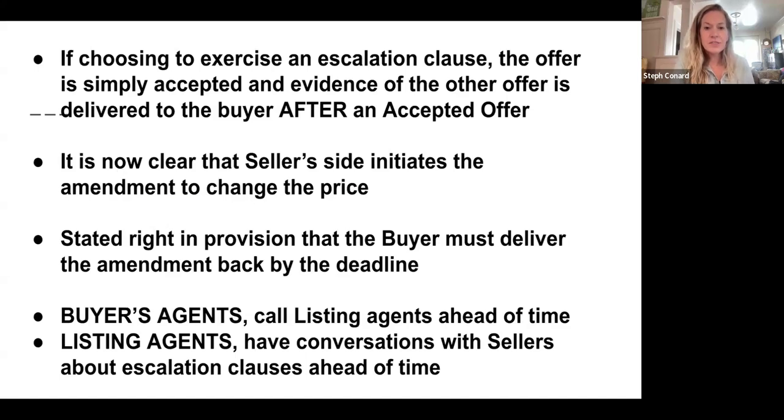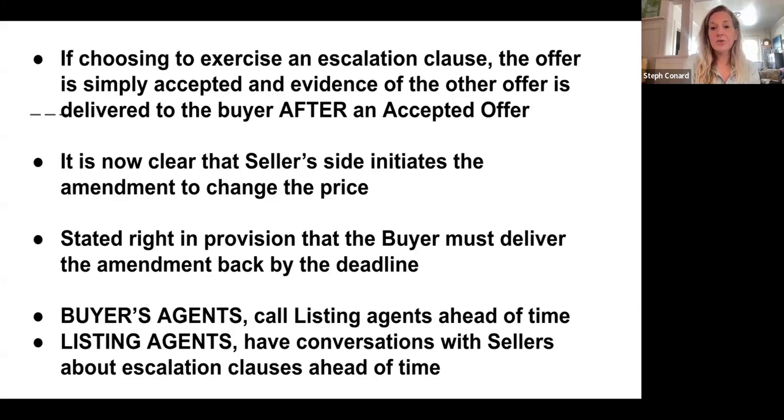So if choosing to exercise an escalation clause, the offer is simply accepted and evidence of the other offer is delivered to the buyer after an accepted offer. We get this question a lot, actually. If the purchase price does end up changing based off of an escalation clause, we often get the question, should we counter the offer back with the new price? And no, you're not.